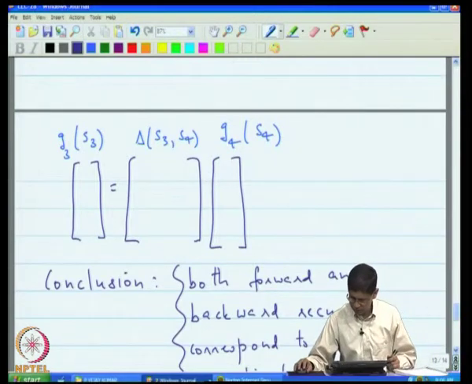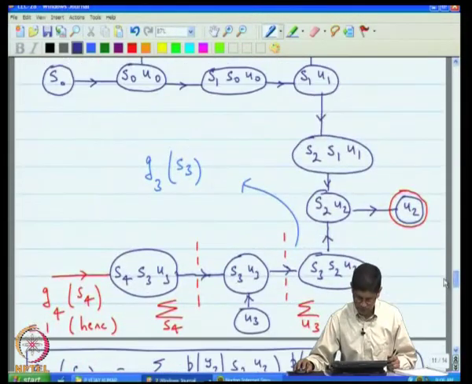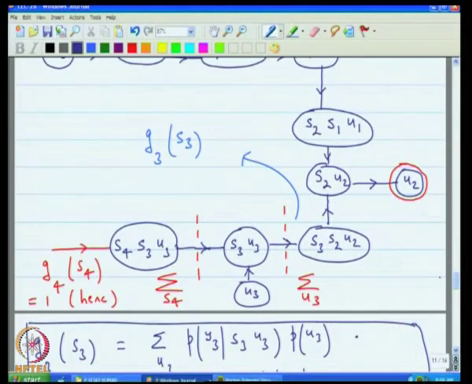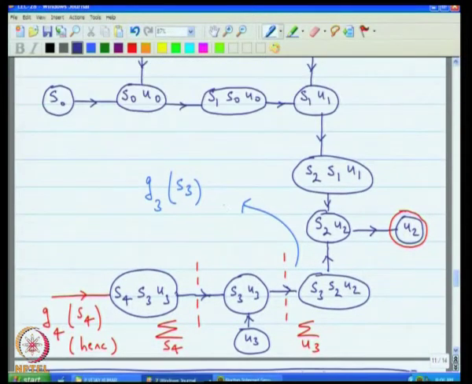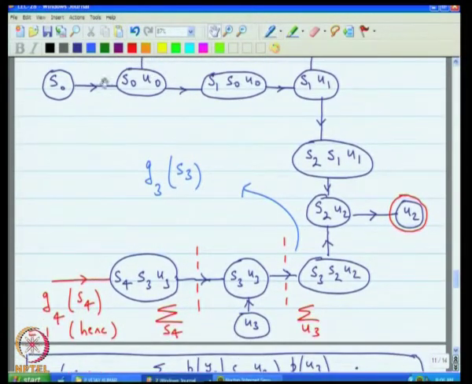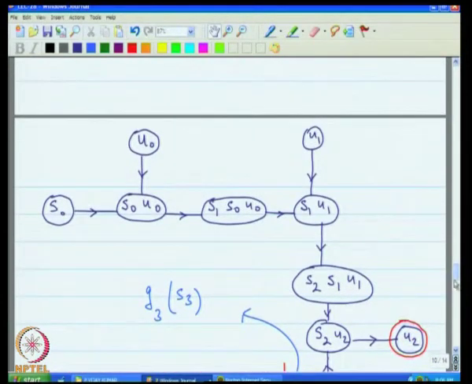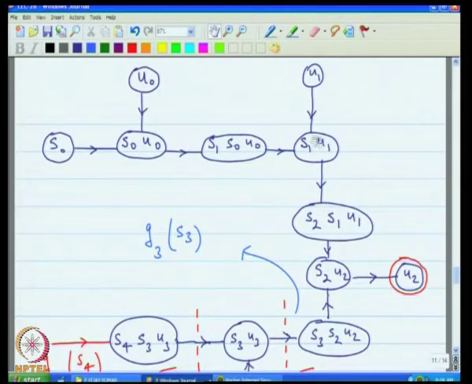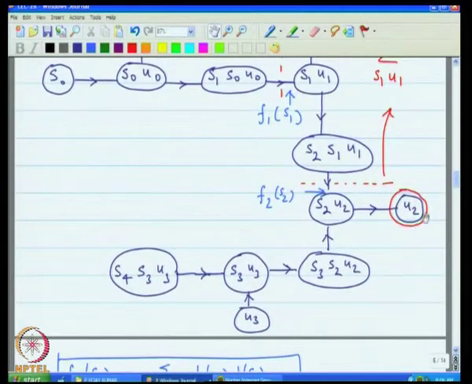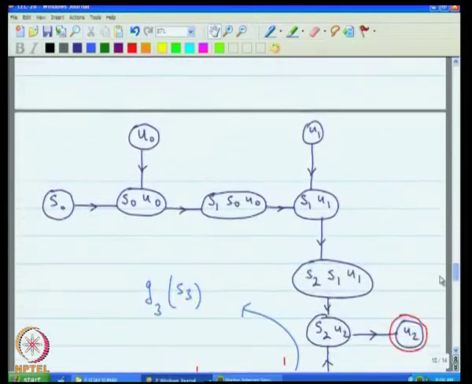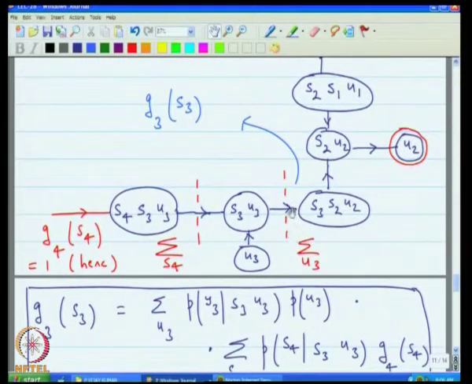So, the only thing left to point out is, well, what do you do after that? So, what we have covered thus far is the forward recursion in this direction, which will end up giving you, if you are interested in computing this, f2 of s2 at this point here, and the backward recursion, which will end up giving you right here g3 of s3.